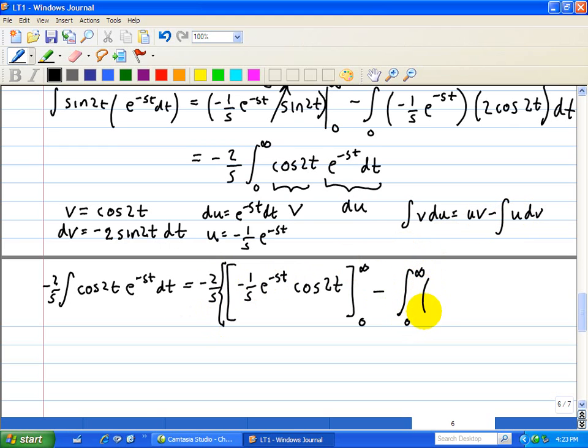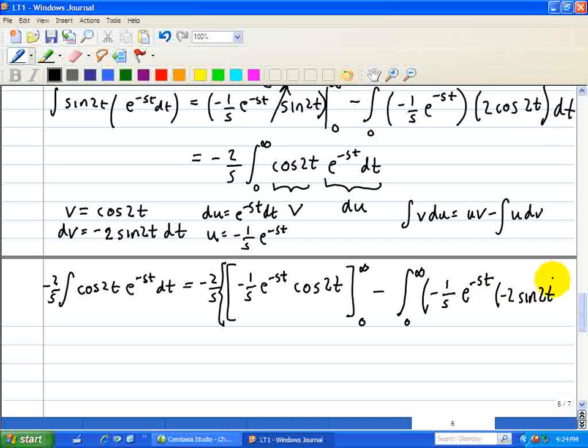U again is minus 1 over s e to the minus st times dv, which is just minus 2 sine 2t dt. Well, let's look at this expression here.